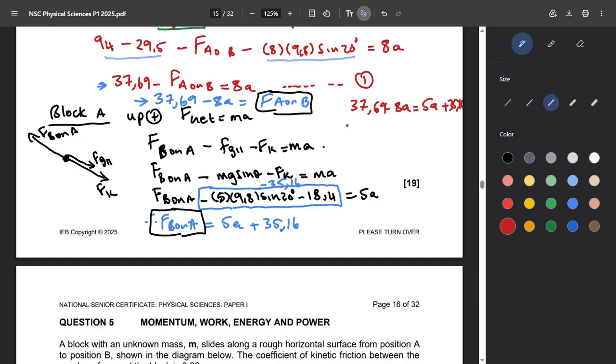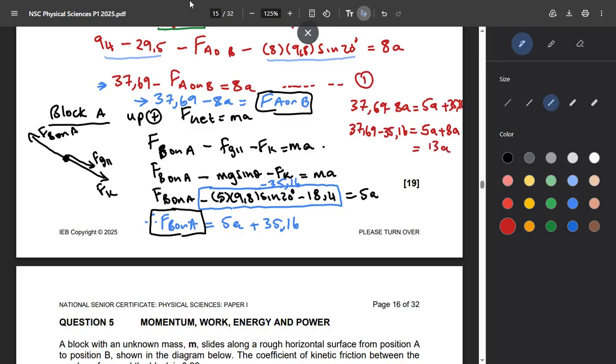So I'm going to group the like terms. On this other side, I'll have 5A. The 8 comes this side to be positive 8A, and this side I'm going to have 37.69. Then we subtract that 35.16. This is 13A.